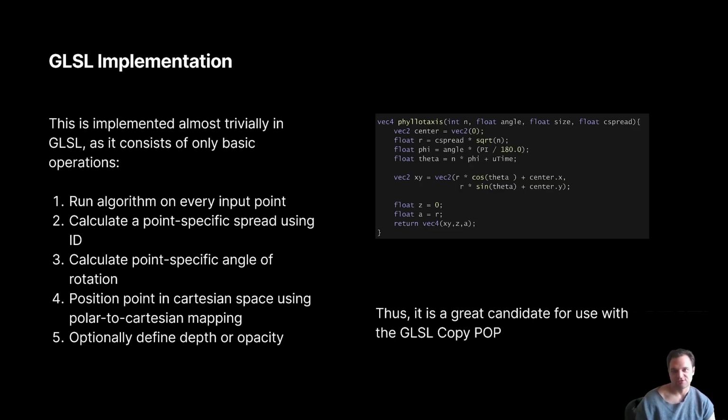Basically, we just have to run this algorithm on every input point, or as we'll see, we'll copy a point for every organ that we need. Then we can calculate the point-specific spread and angle of rotation using those constants. Finally, we can use our polar to Cartesian relation to find the XY space for the organ, and then we can define depth, opacity, and other things manually.